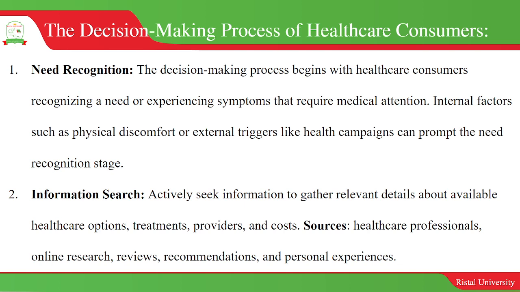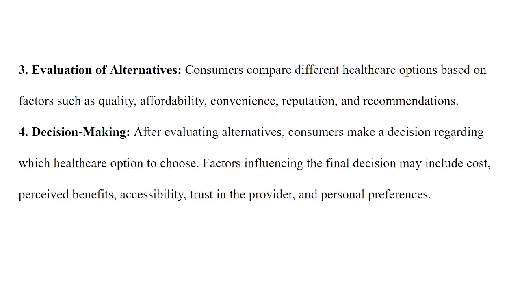Okay, so this is where you also need to make yourself available as an organization when people are seeking for information. For example, if it is about a given surgery, if you have content related to that surgery, then it means when they are searching online, they can be able to get you. Okay, so that is second stage.